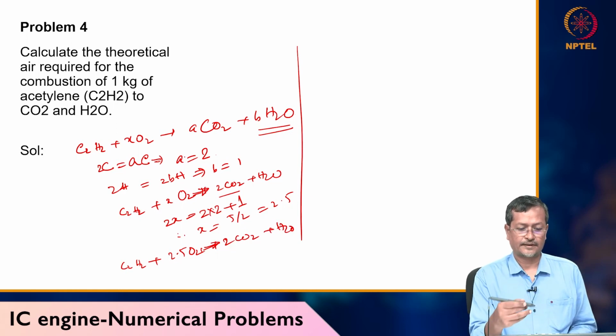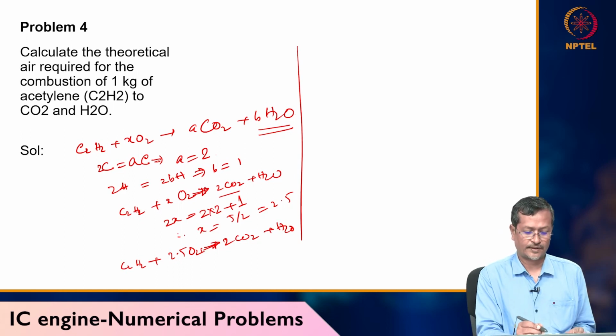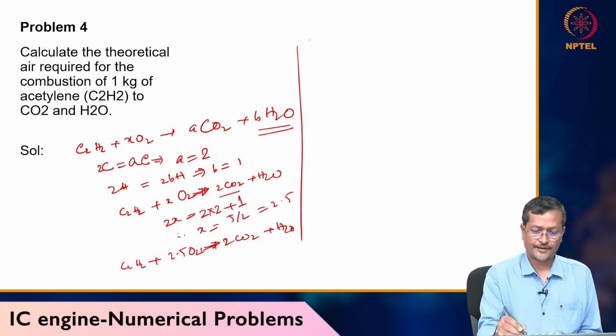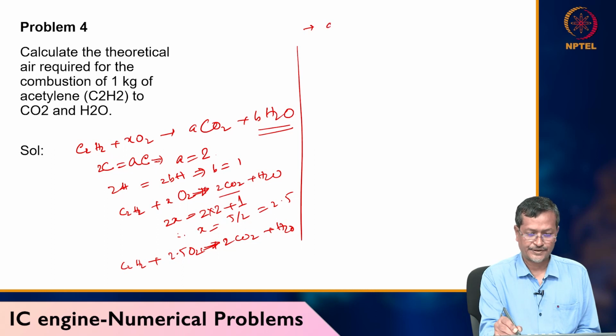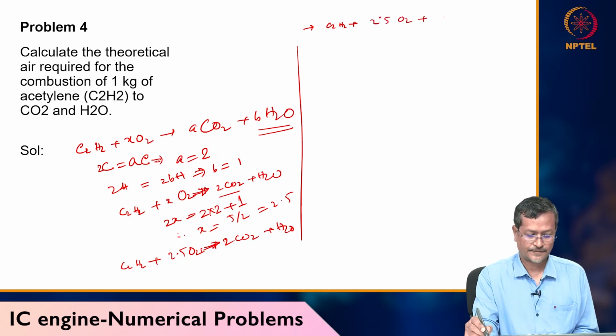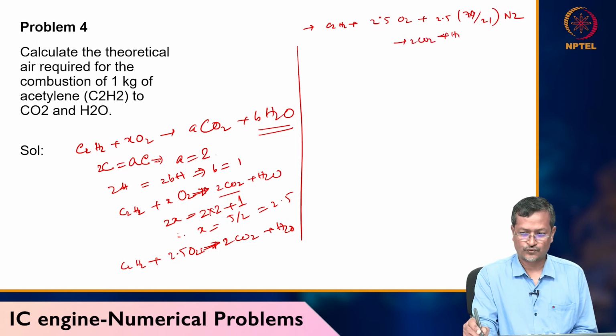Now this oxygen you are getting from air, and air will have nitrogen also. So now, how much total nitrogen are you adding? C2H2 plus 2.5 O2 plus 2.5 times 79 by 21 N2 gives 2 CO2 plus H2O plus 2.5 times 79 by 21 N2.